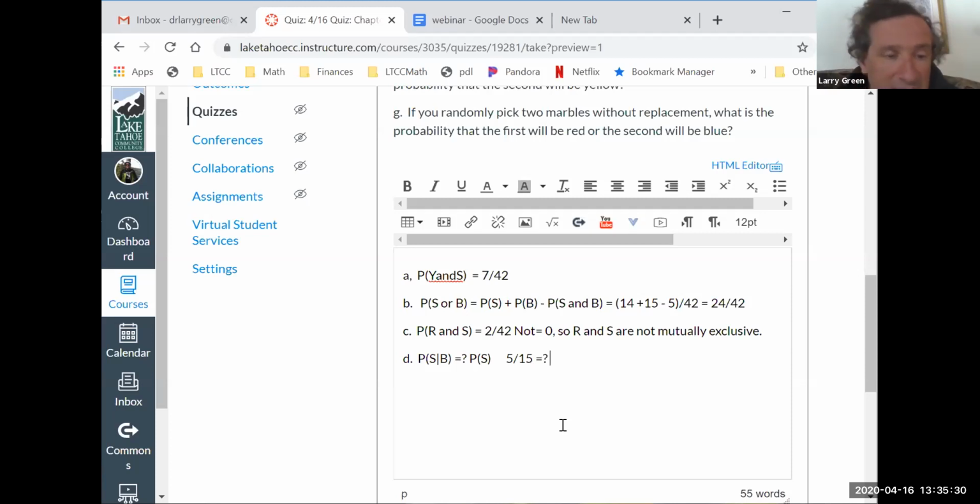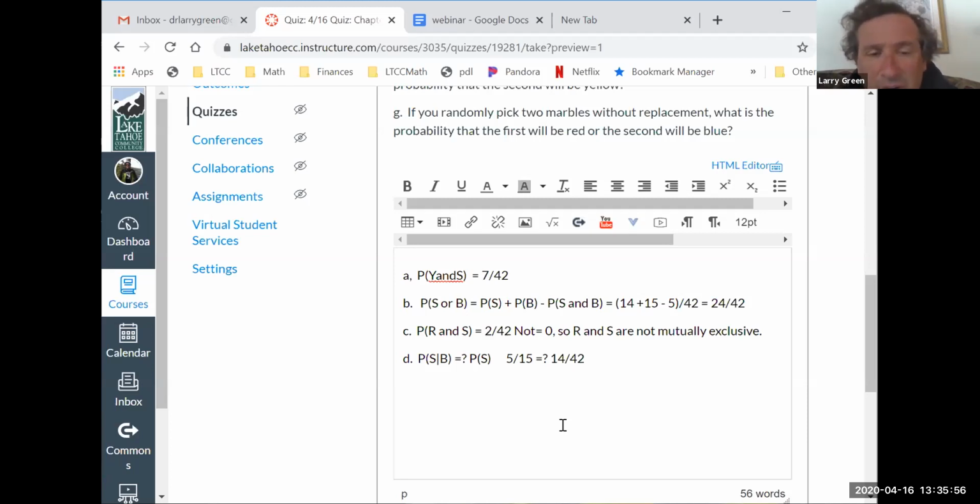And the question is, is that equal to the probability of being spotted? Okay, well, how many spotteds are there? We had 5 spotted blues, 7 spotted yellows, and 2 spotted reds. So 5 plus 7 plus 2, we've actually already done that. That was 14. Over 42 total, no given on the right-hand side.